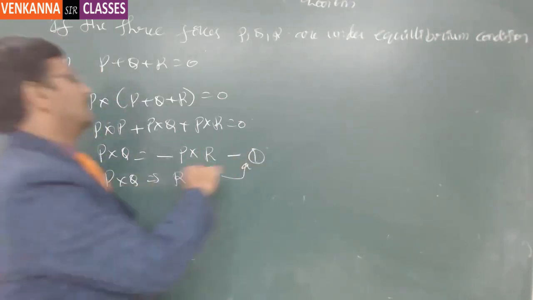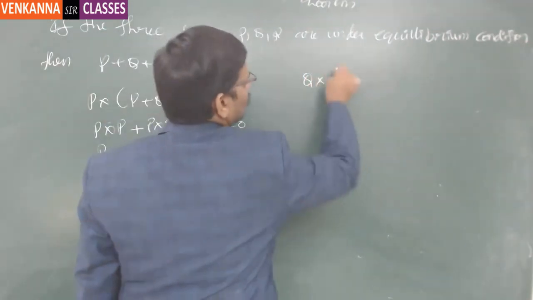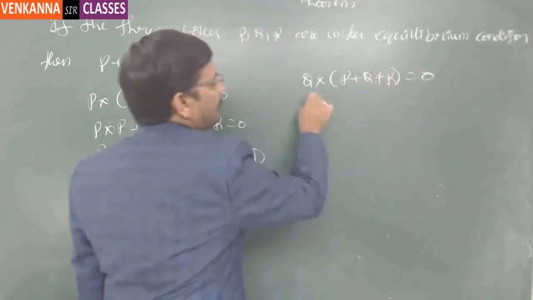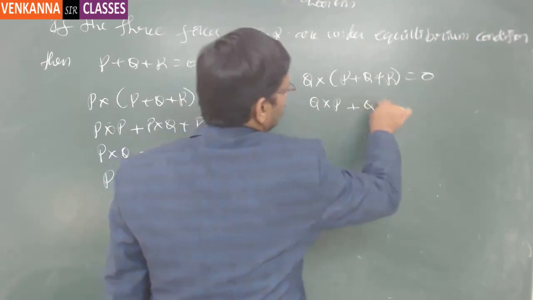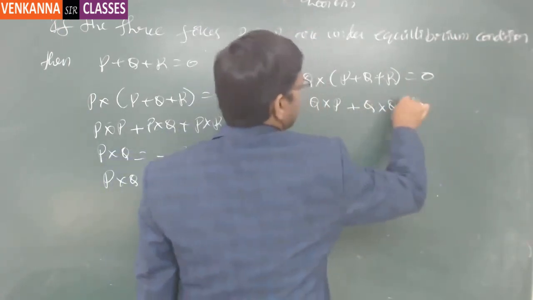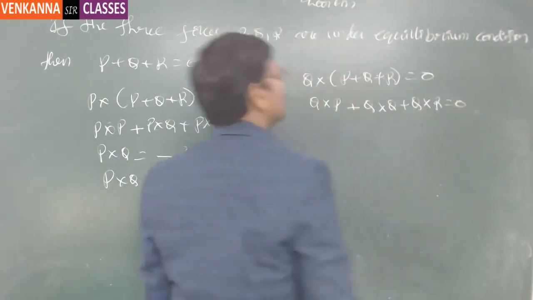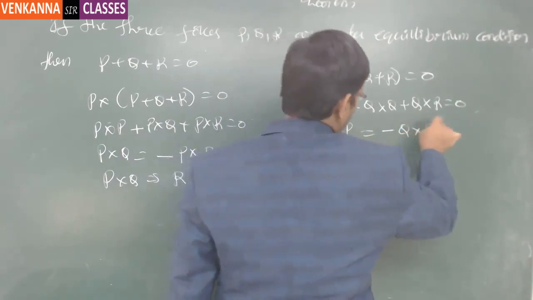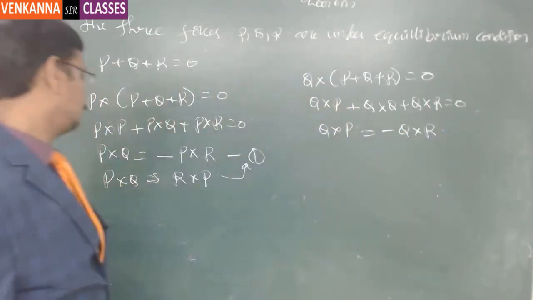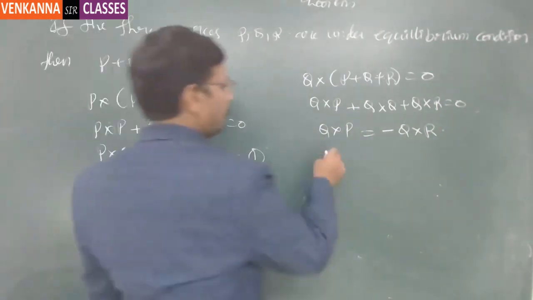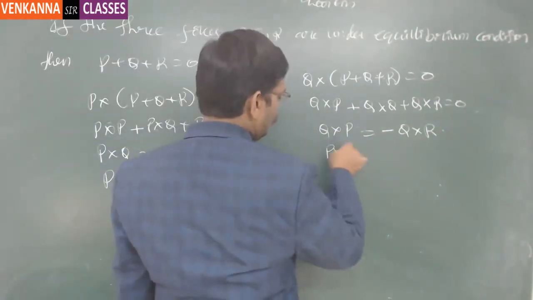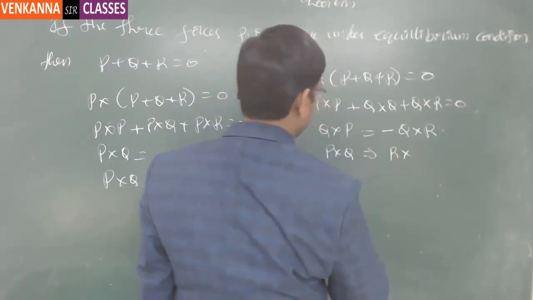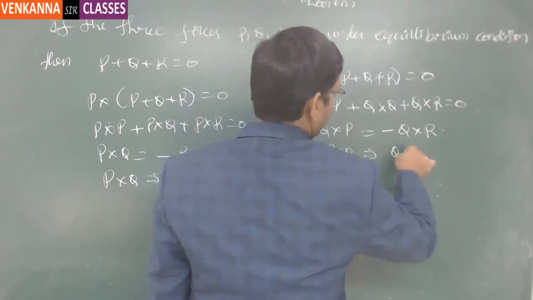And if you take the second relation, that is, if you take the cross product with Q, then Q cross P plus Q cross Q plus Q cross R equals 0. From this relation, Q cross P is equal to minus Q cross R. So P cross Q is equal to, sorry, Q cross R. Yeah.